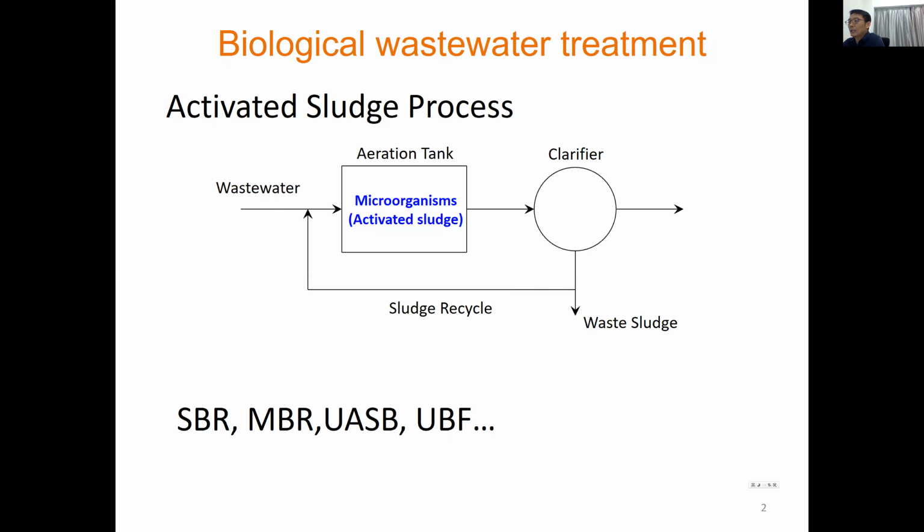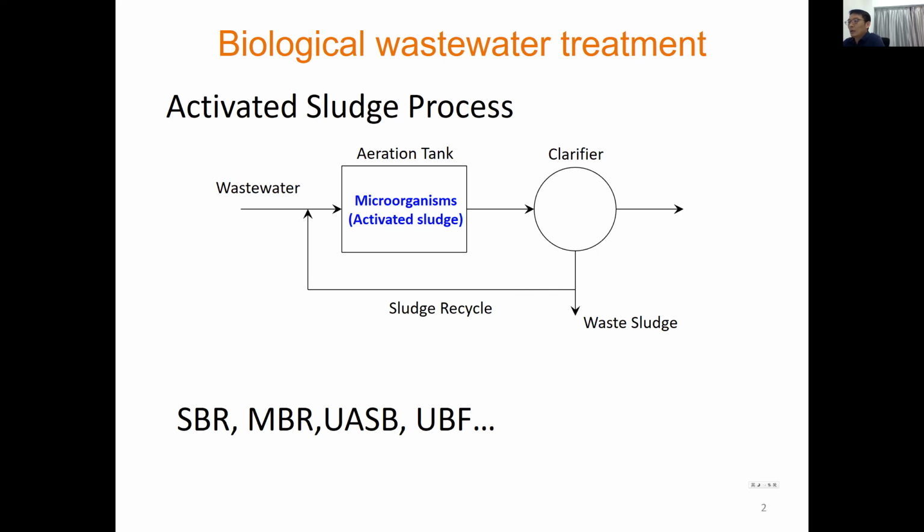Therefore, to improve the biological wastewater treatments, we must understand the diversity and the functions of the microbial community. For example, if we want to improve the performance of the pollutants removal or want to reduce the energy consumption of this process, we must understand the mechanism of the microorganisms in the bioreactor.